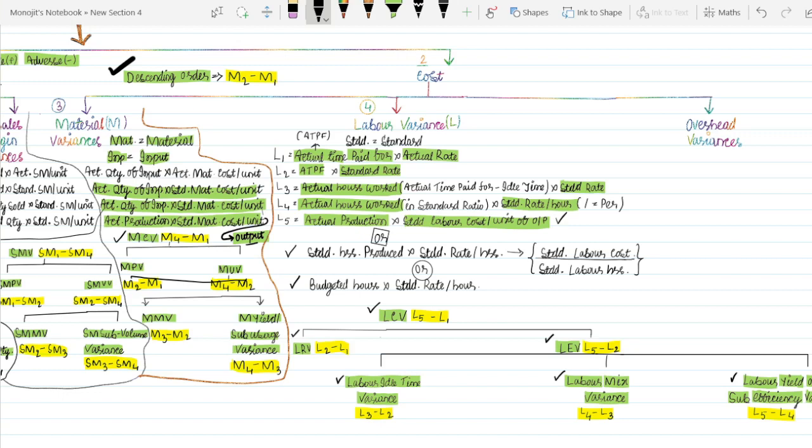In labor variance there are five components. The first one is L1, actual time paid for into actual rate. The second one is L2, actual time paid for into standard rate. L3 is actual hours worked, which means actual time paid for minus idle time, into standard rate.